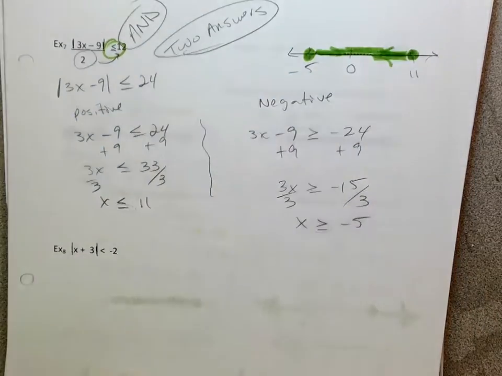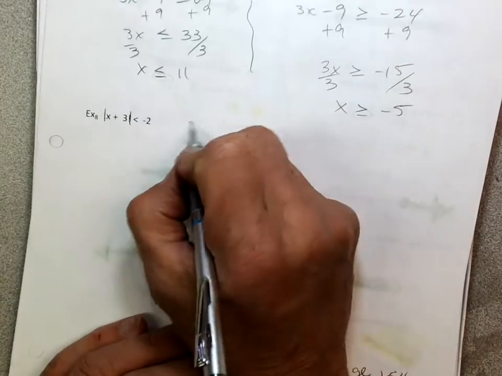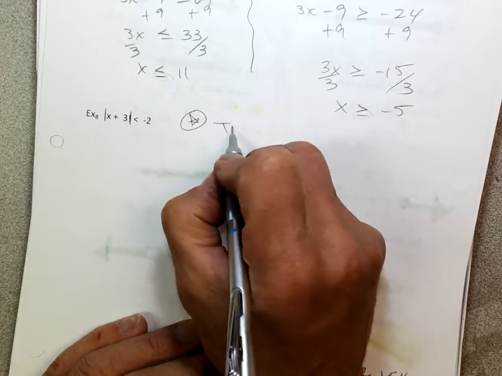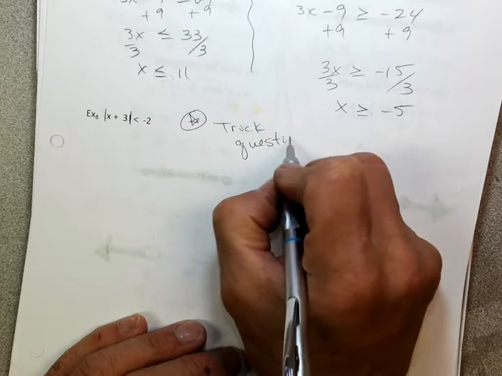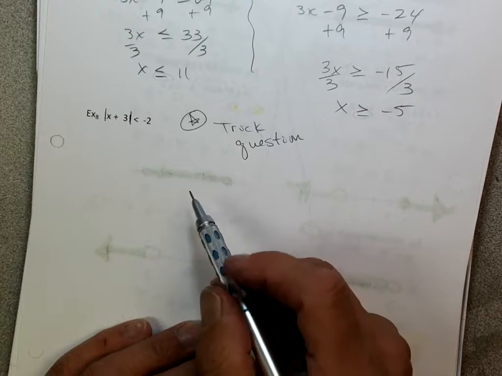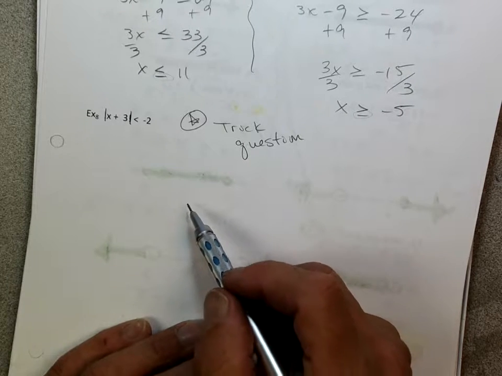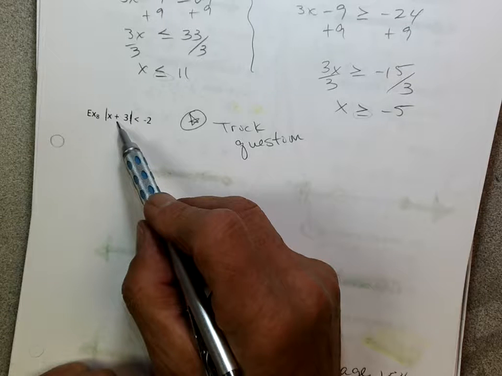All right, last but not least, example 8. You ready? Trick question. It's a trick question. Because whatever I put in here comes out positive.